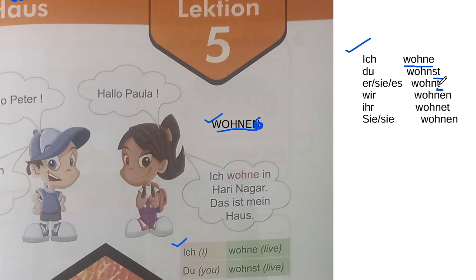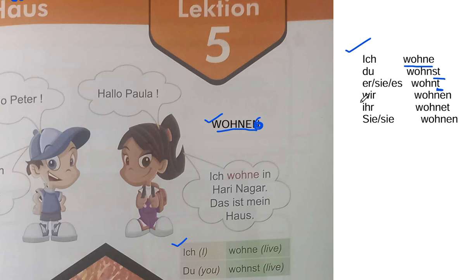Like you added t over here. Are you understanding? This is a table that you have to learn. This goes the same way in most of the verbs except irregular verbs, which we'll come to later. Most of the regular verbs move according to this table. But we'll learn about wohnen first.